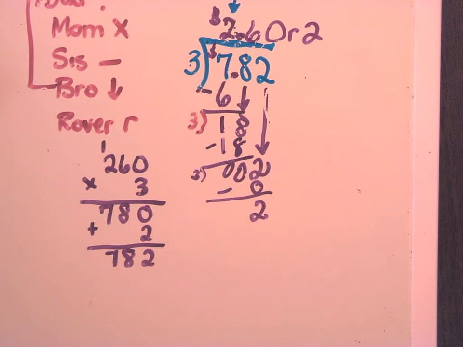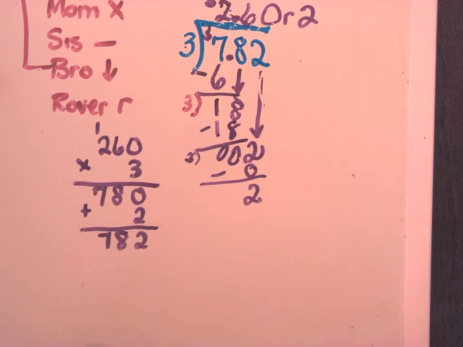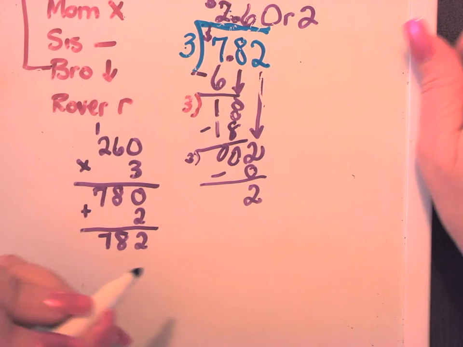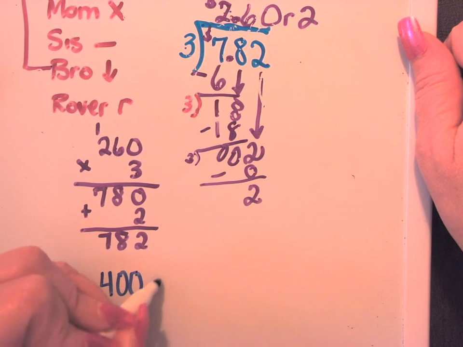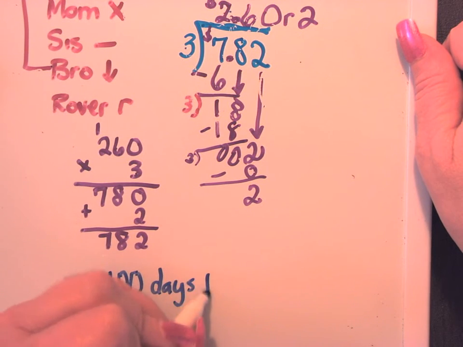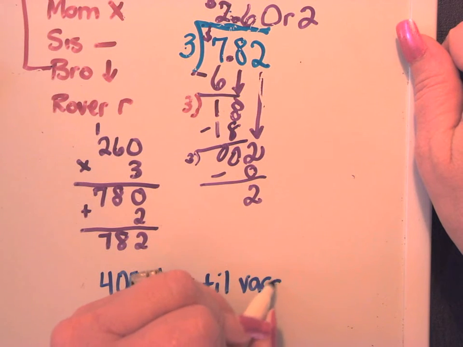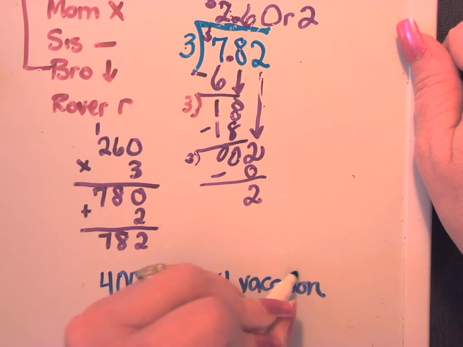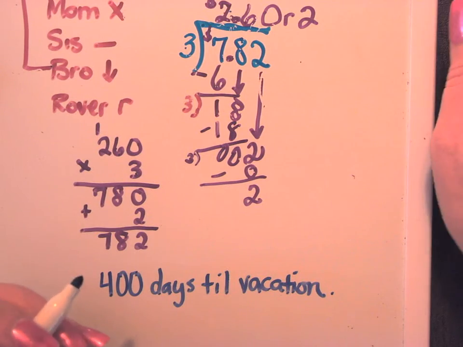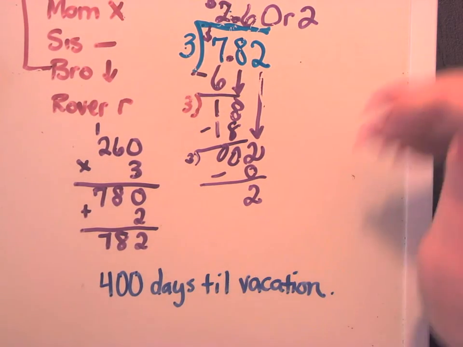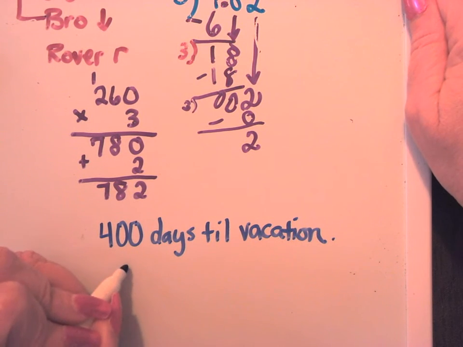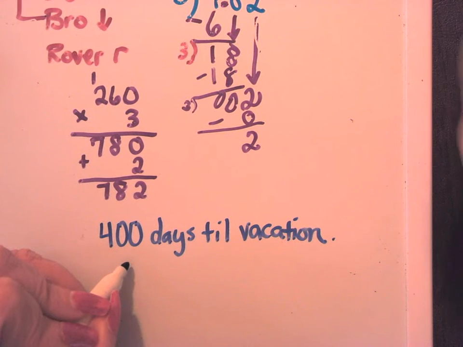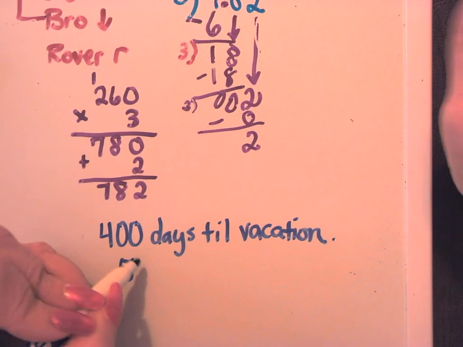Okay? One more thing we need to go over today, and that is, what do we do with a reasonable estimate of something in division? So let's say we had 400 days till our vacation, and you wanted to divide that up into 5 groups of days, because you're looking at the amount of weeks that you might have.